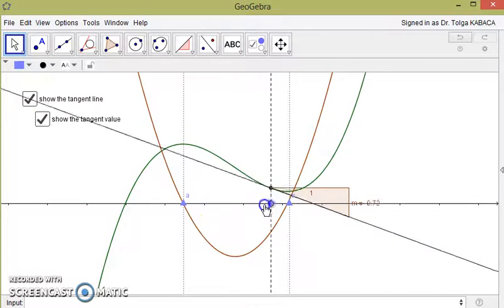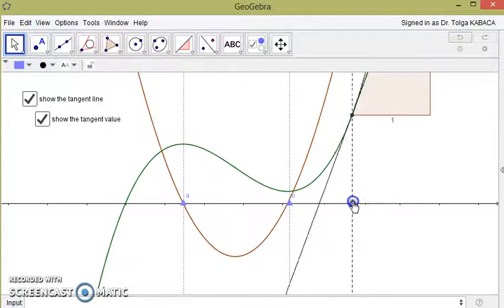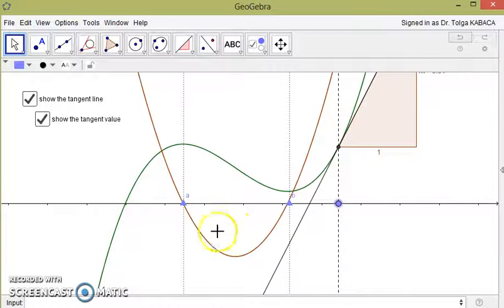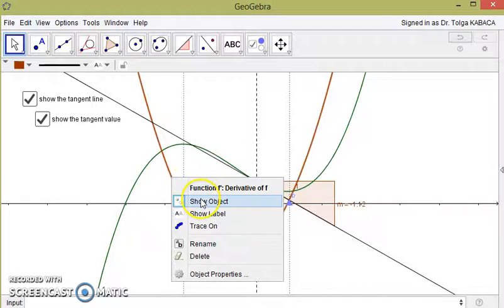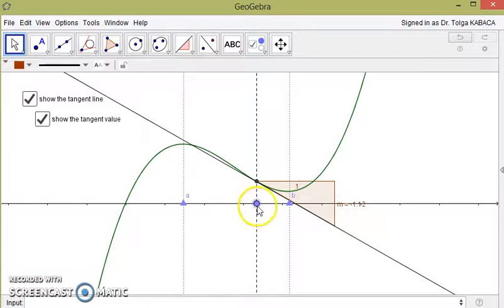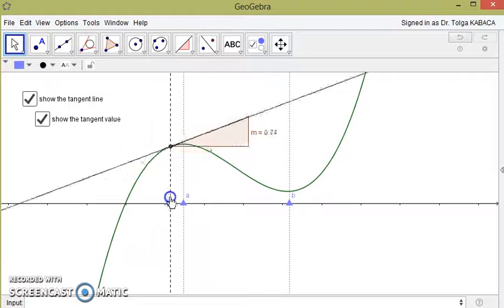The first derivative takes negative values between a and b, and the function is decreasing. Let's hide the first derivative and think about the second derivative.